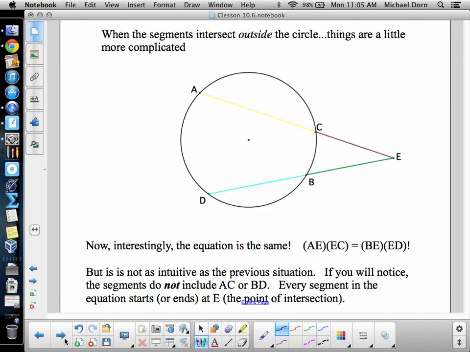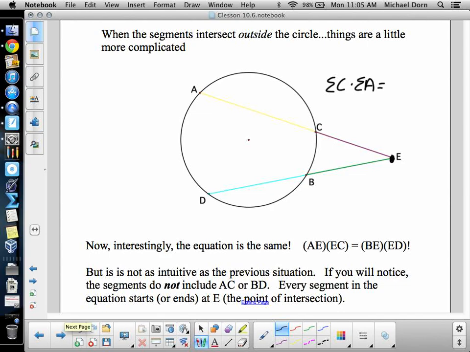If the point of intersection is outside, the equation does not change. It's just we need to be a little bit extra careful, because my point of intersection is now out here. So the measurements I'm going to put together are EC times, not CA, but EA.